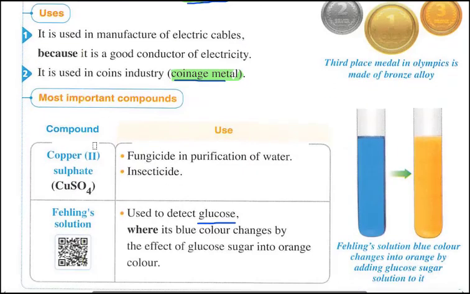Okay, from the most important compounds, copper sulfate is used as a fungicide like manganese sulfate. It is also used as an insecticide and in the purification of water.